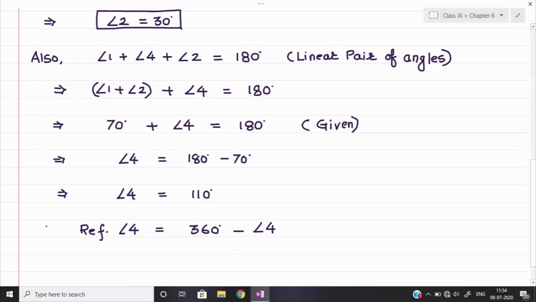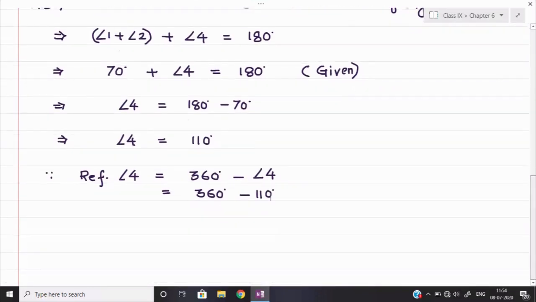So the value of angle 4 I have is 110 degree. So 360 minus 110, how much will remain now? 250 degree. Therefore reflex angle 4 will be equal to 250 degree. This is your second answer in the question.